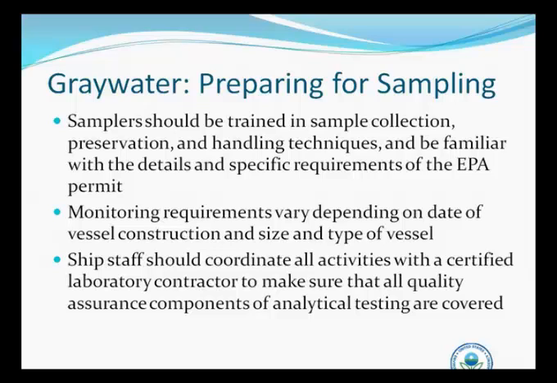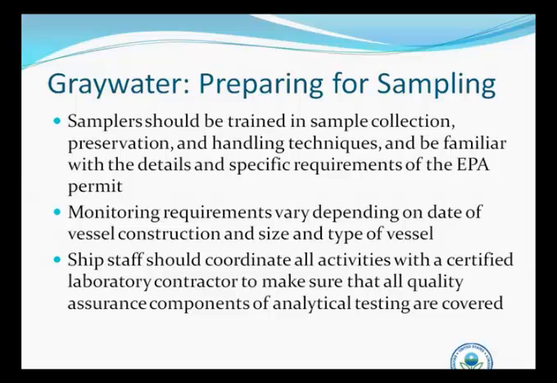So now, going into gray water and some of the specifics of that, you can't really emphasize enough that either the samplers or contractors you have, or your onboard ship staff, should be really well trained in collecting samples, the kind of preservation that goes along with it, how to handle samples, and also details of the EPA permit and what kind of results you're going to be looking for.